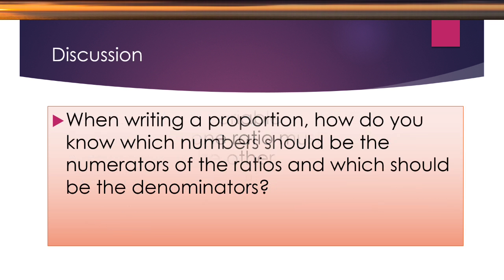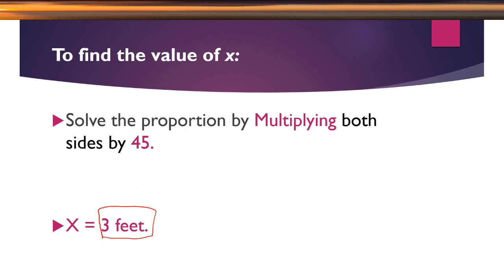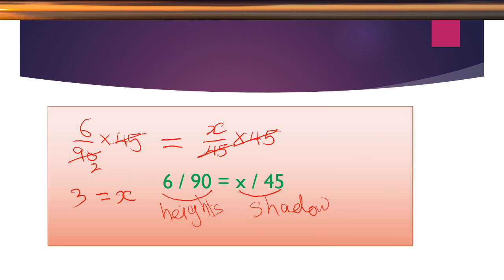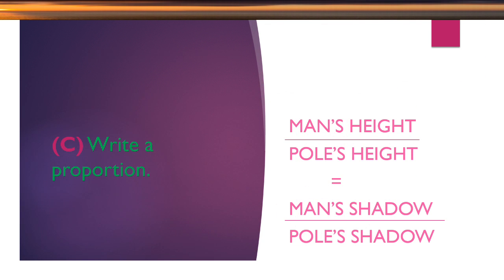As you see here, let's go back. What did we write first here? We wrote the man's height over the pole's height equals the man's shadow over the pole's shadow. We can also write it in another way.